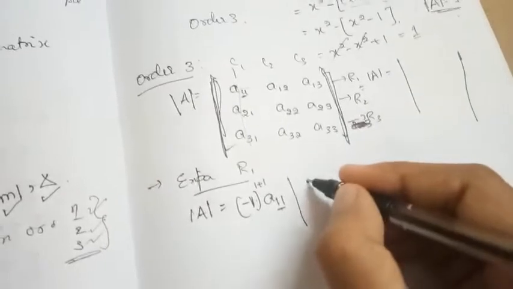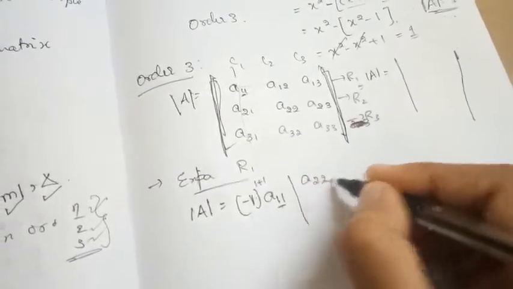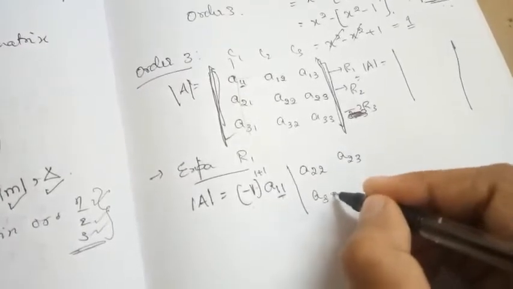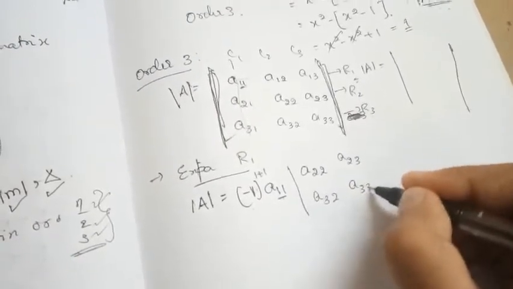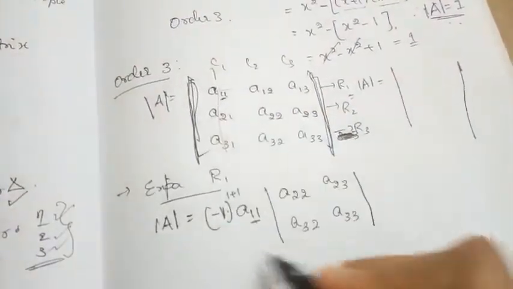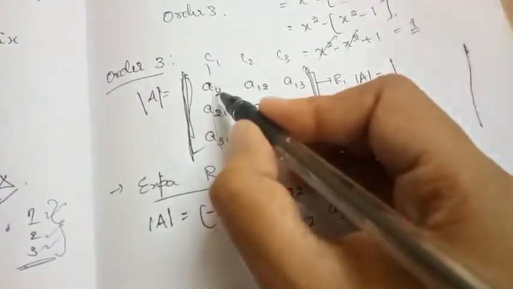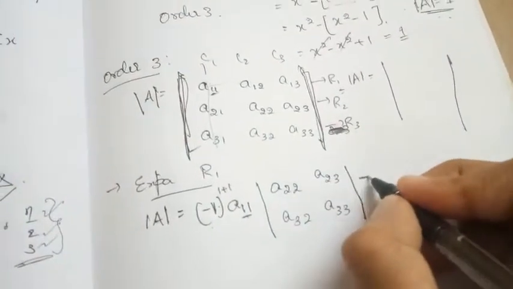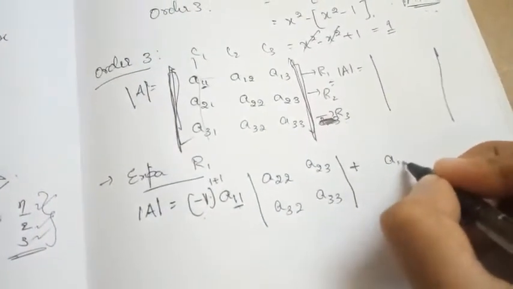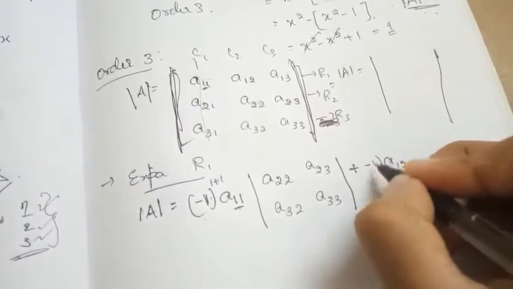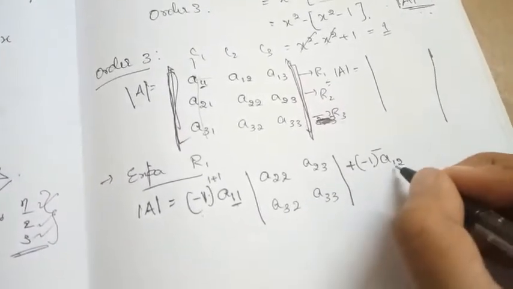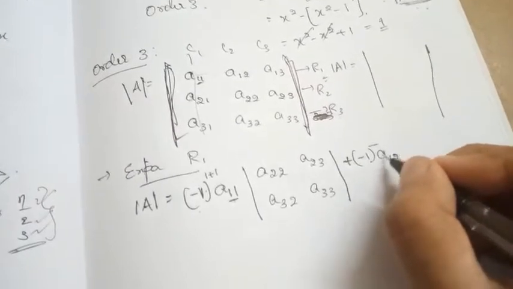I represent it in the matrix like this: A22, A23, A32 and A33. Now similarly, what I did for the first element of row 1, I will do the same procedure for the second element of row 1. Plus A12 times minus 1 to the power of the subscript of this element.